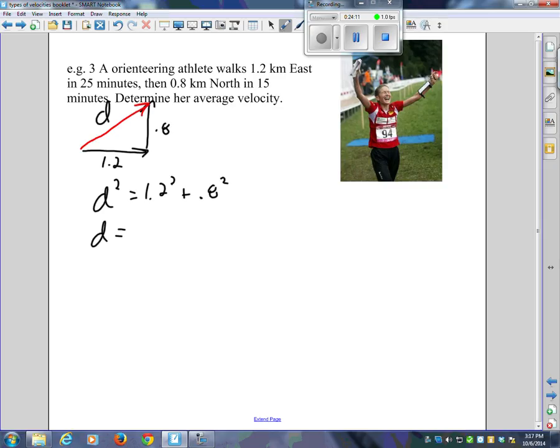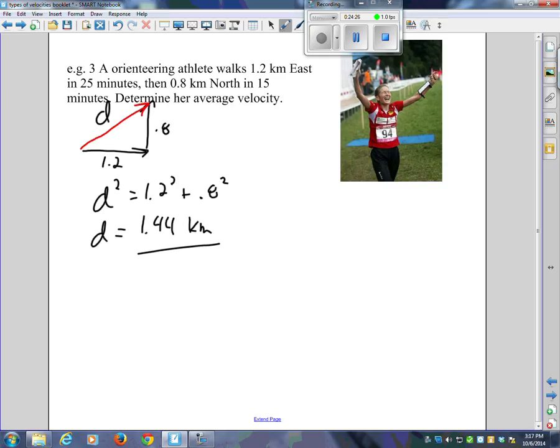I get 1.44. 1.44 kilometers is the total displacement.